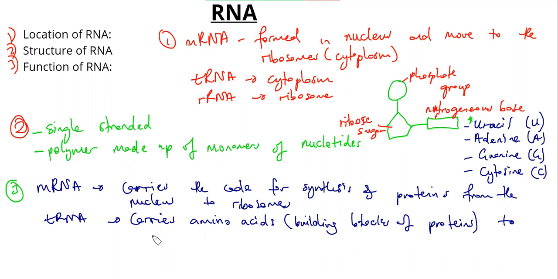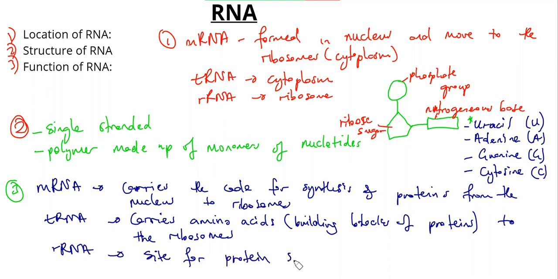They carry amino acids to the ribosomes, which are the site for protein synthesis. Then you have the rRNA, which assists in protein synthesis. So here is your site for protein synthesis. That's what you need to know about RNA.